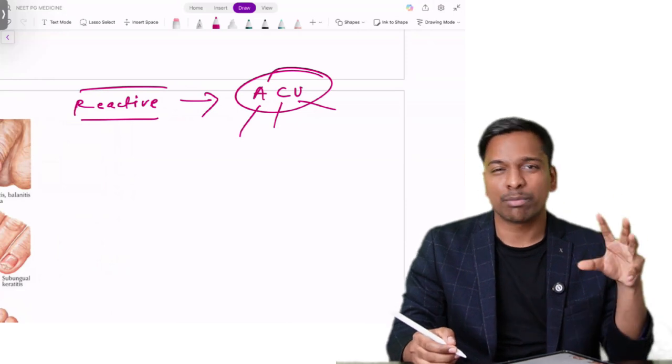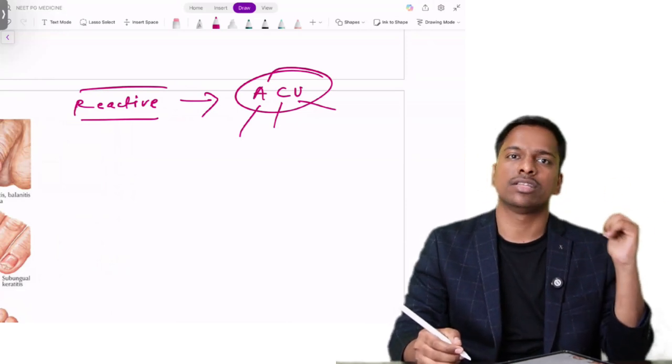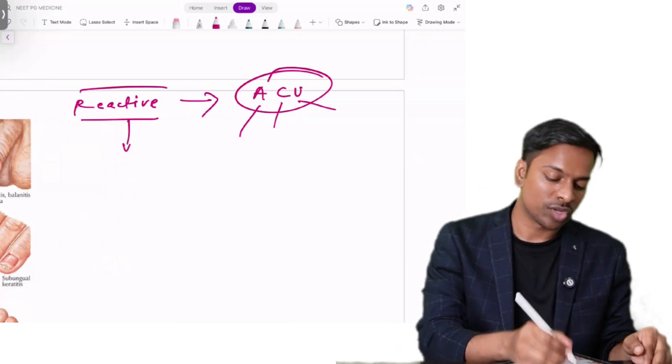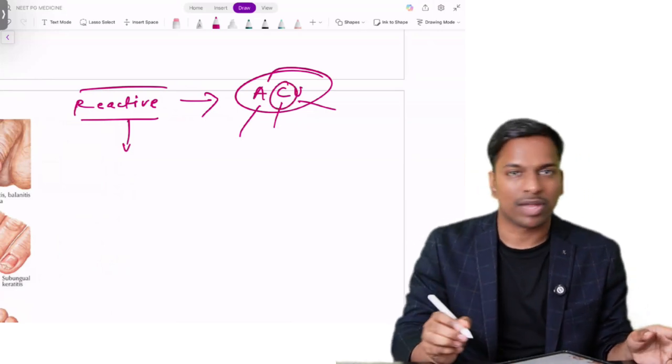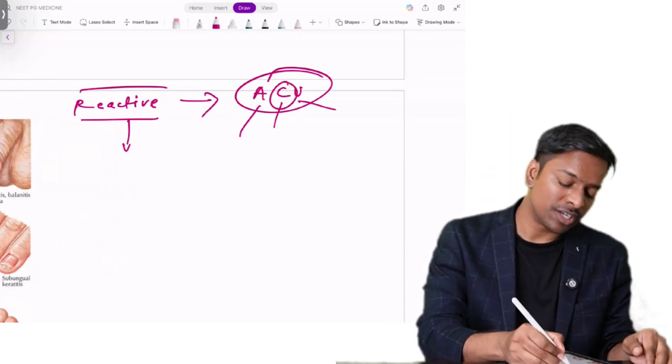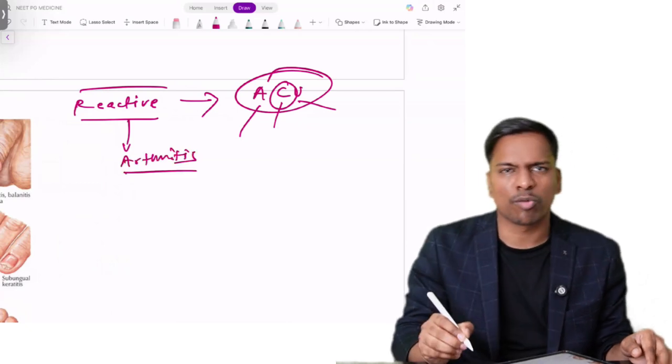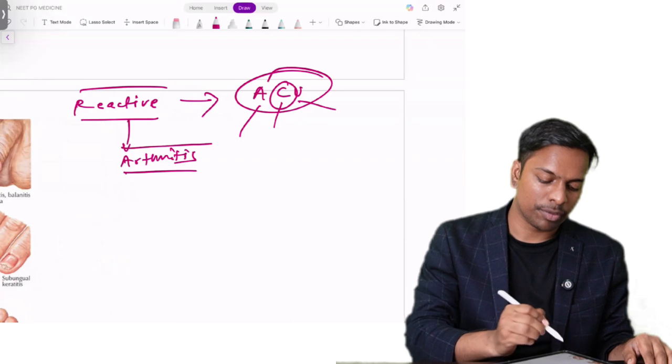Apart from that, there are very important classic features that can be seen. Starting with the eyes, scleritis can be seen. Conjunctivitis, obviously, as in the triad. Then arthritis is also there, and peripheral small joints are involved, which is very important.